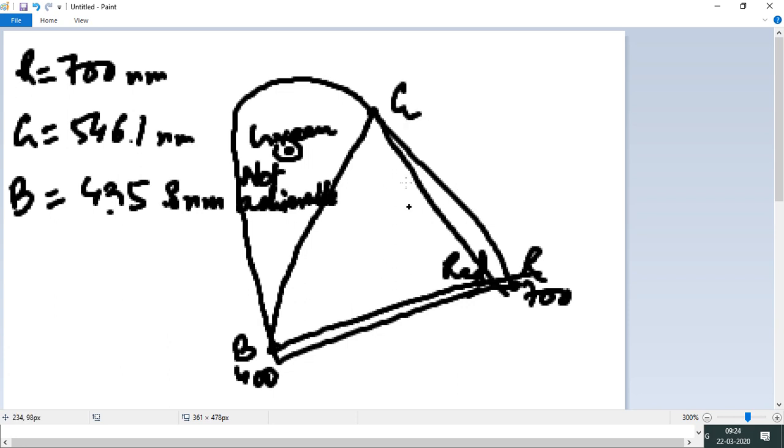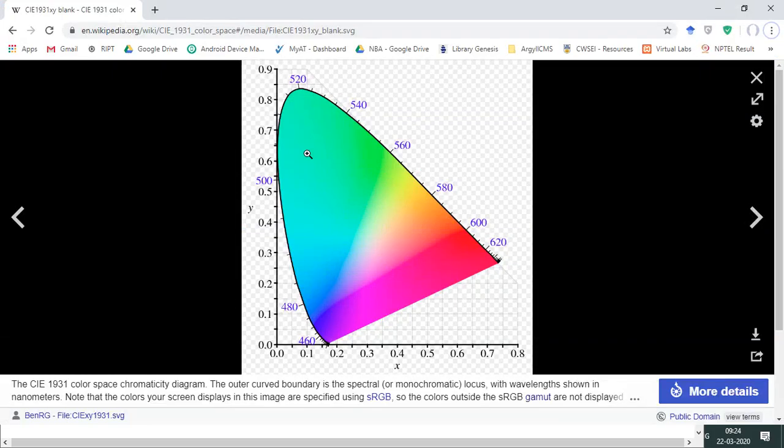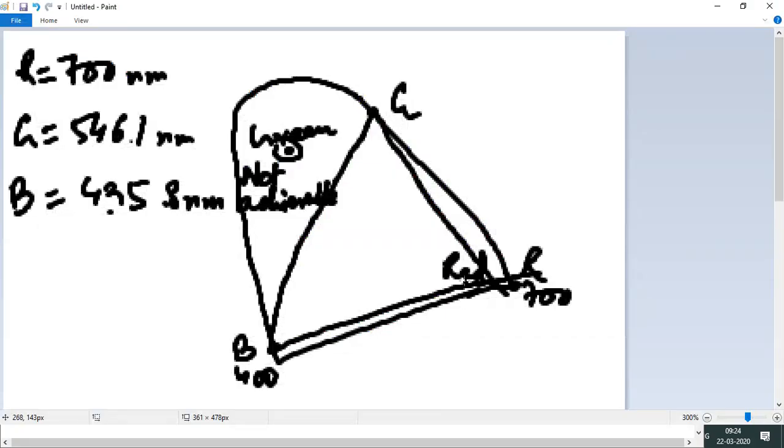But we see the green area, as you can see in this diagram, falls outside of that RGB unit plane, right? Now what to do? If I am adding red, in which direction will this color move? In this direction. Red is in this direction, this point. If we add some red to this green, the green will shift and reach over here.